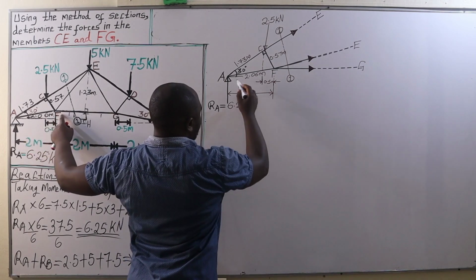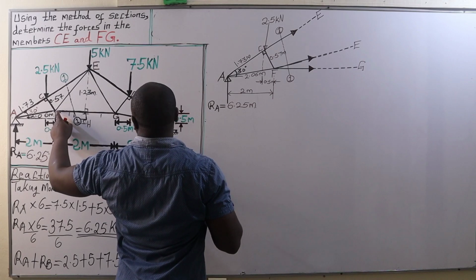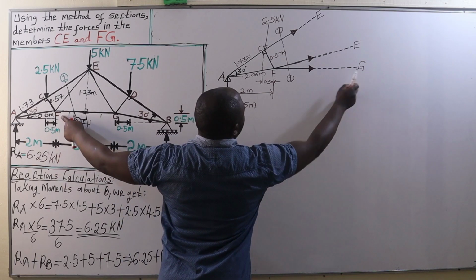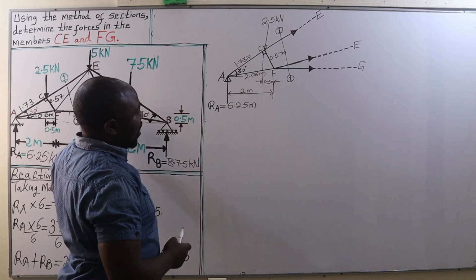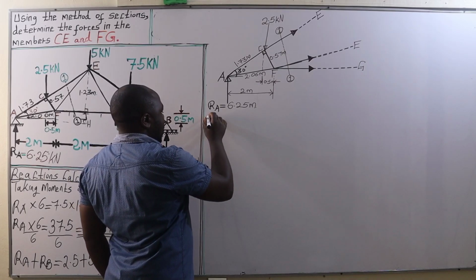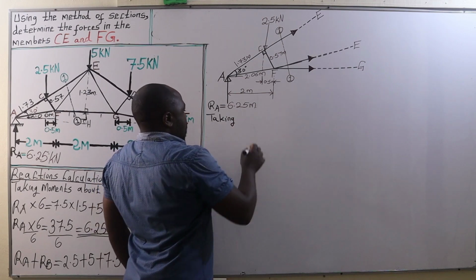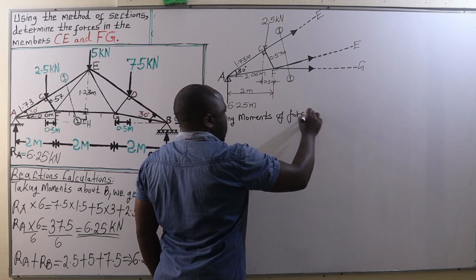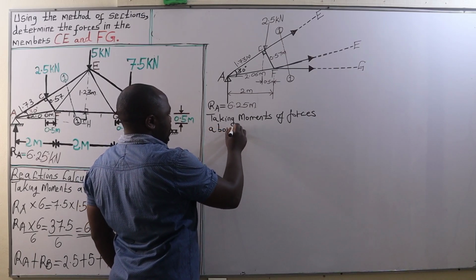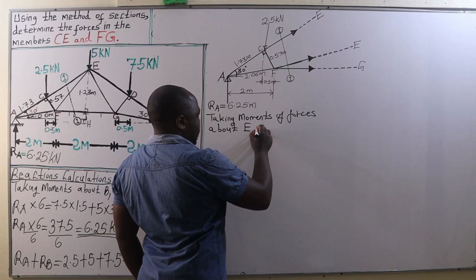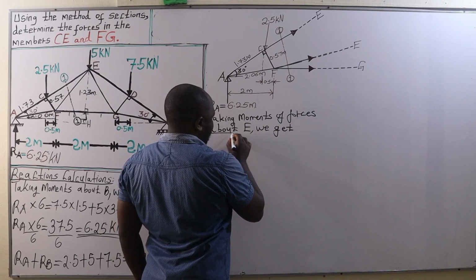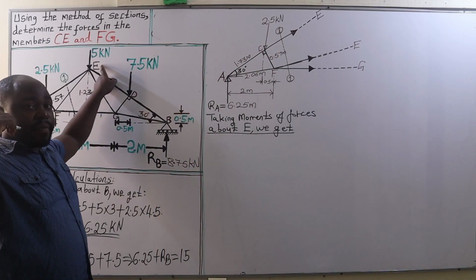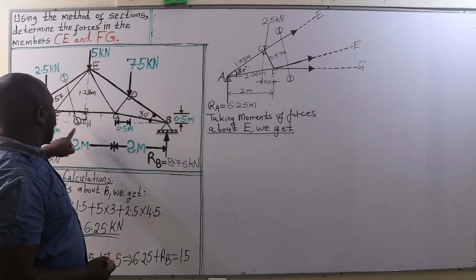Then we have member AF, which is 2.06 meters, and a force headed towards joint E. Then from F to G, we have another load headed towards G. Now, we are going to begin by taking moments of forces about joint E. When we take moments about E, we are going to get the force acting on member FG.